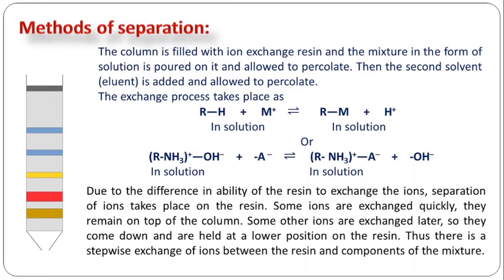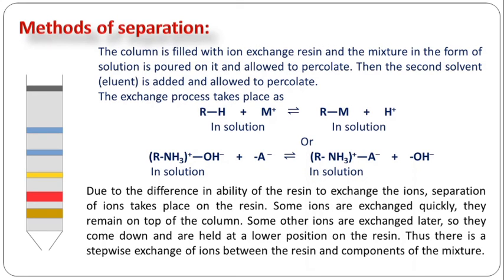And some ions which exchange later will flow with the solution, come down, and be held by the lower portion of the resin. Thus there is a stepwise exchange of ions between the resin and the components of the mixture present in the solution.